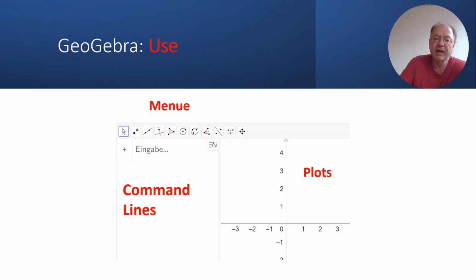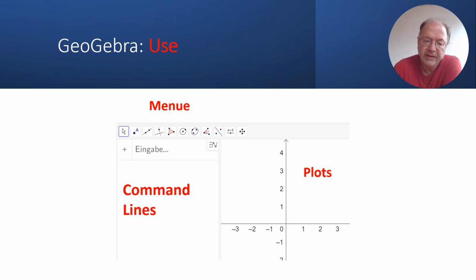So the general setup is like this. You have a menu above here. That is important because a lot of commands are visually easily detectable. You can choose the commands to do your geometry right from the menu, and this menu is very well structured.